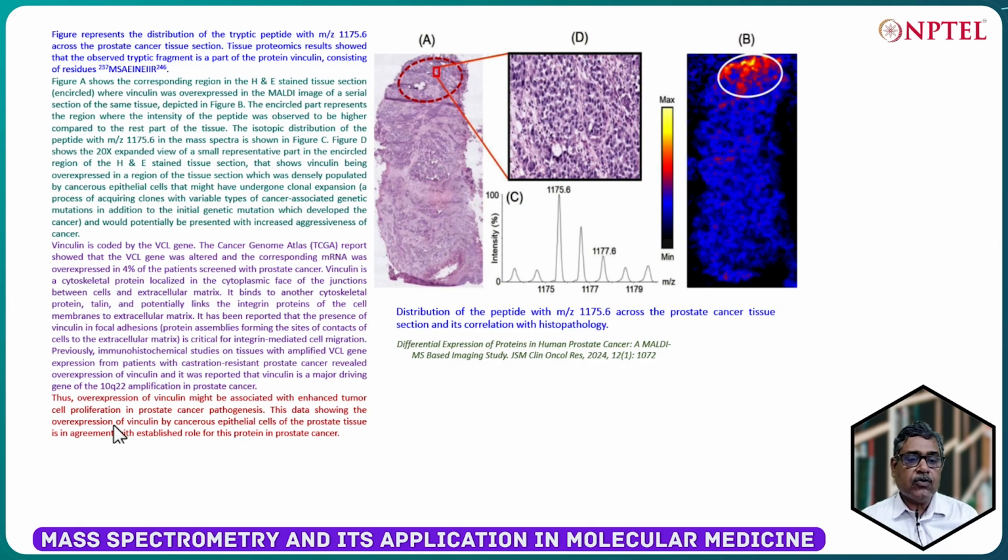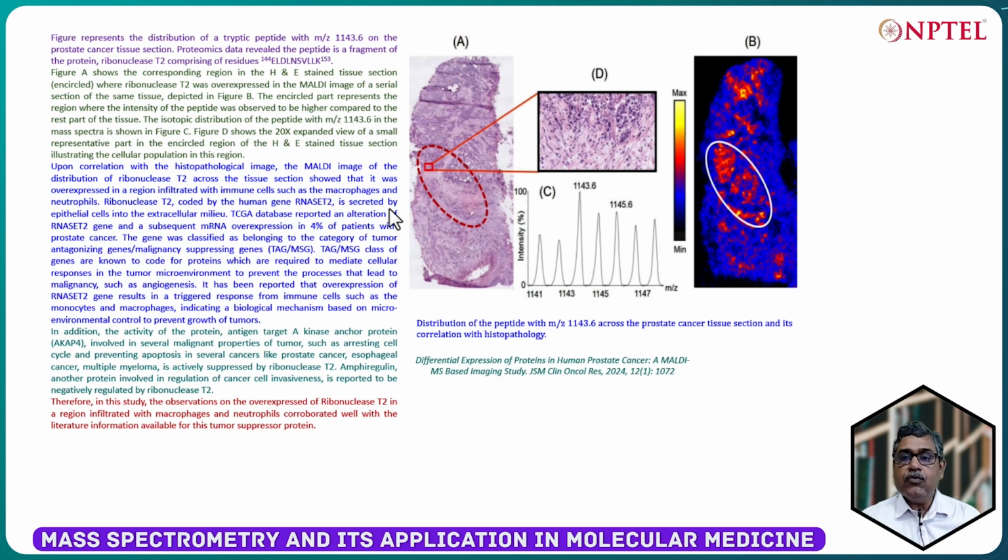This data showing overexpression of vinculin by cancer epithelial cells of the prostate tissue is in agreement with the established role of this protein in prostate cancer. So, at least one good correlation, a good image, we observed in our MALDI imaging study of prostate cancer tissue. Let us move to the second one.